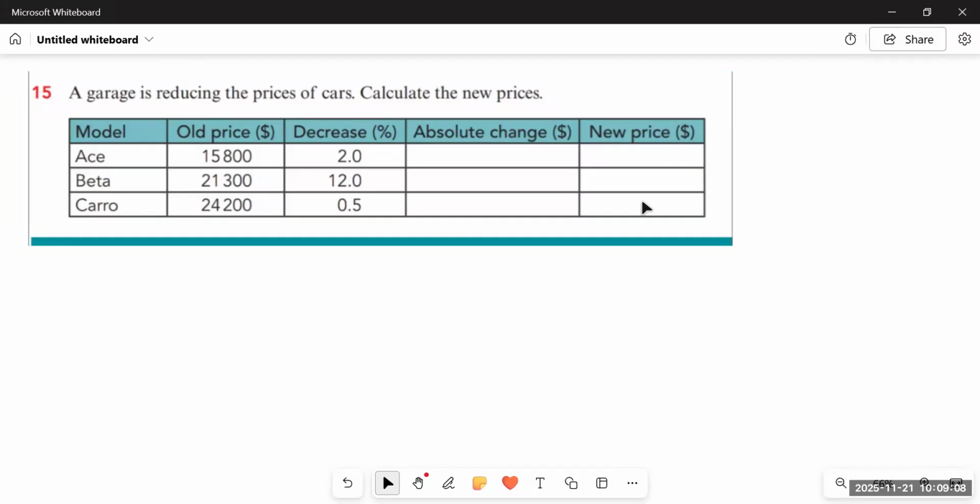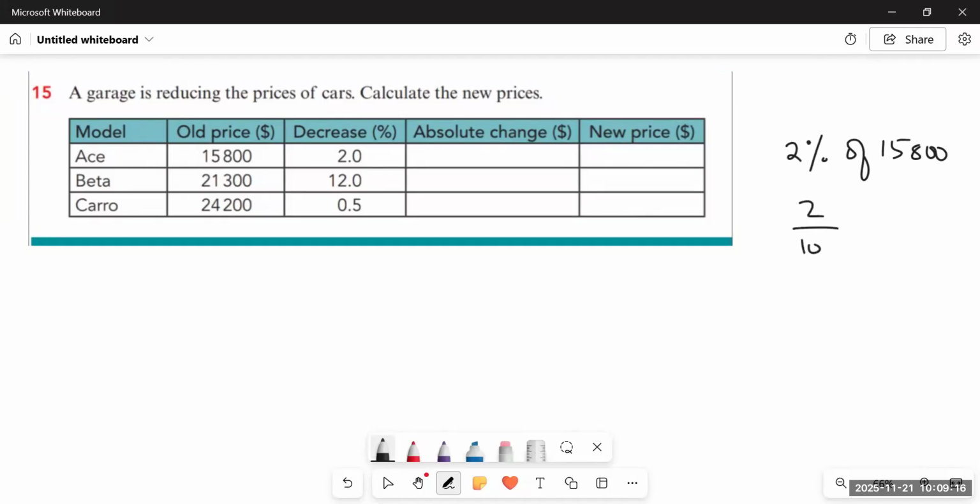So first we will calculate 2% of 15,800, which is 2 over 100 multiplied by 15,800. So the two zeros will cancel with two zeros and we'll be left with 158 times 2. Now we will multiply it. So 158 multiplied by 2 is equal to 316.